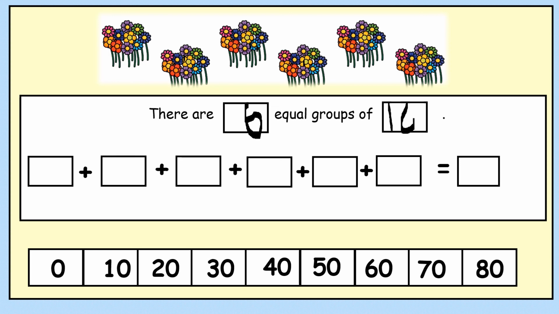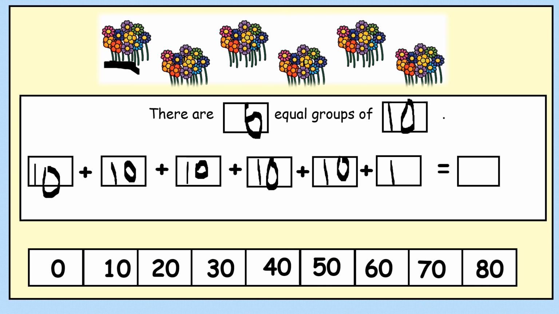So what's my number sentence going to be? Is it going to be 6 plus 6 plus 6? No, because how many in each group? 10. So it's 10 plus 10 plus 10 plus 10. And I'm trying to do this super quickly, so I'm sure your writing is going to be much neater than mine.